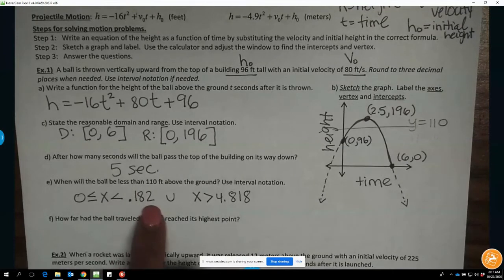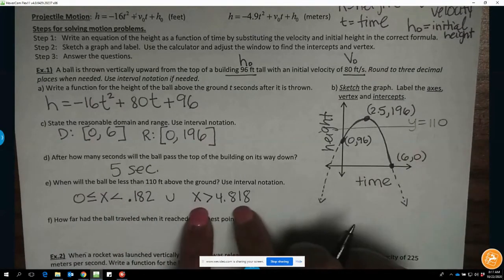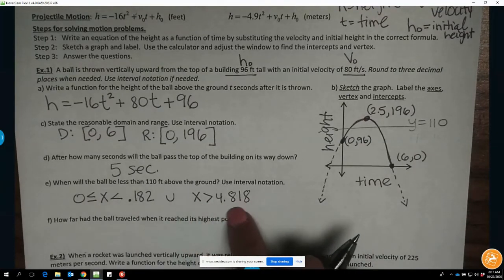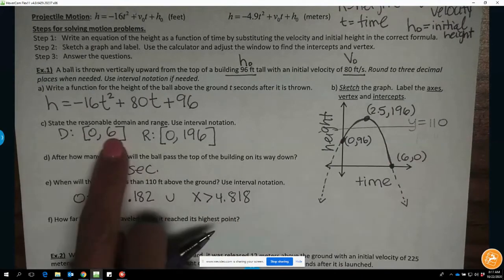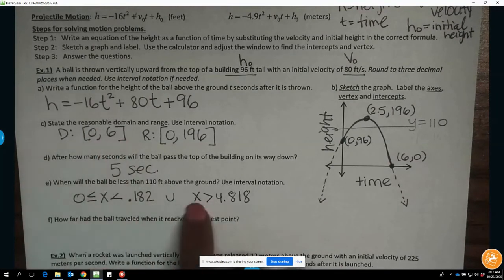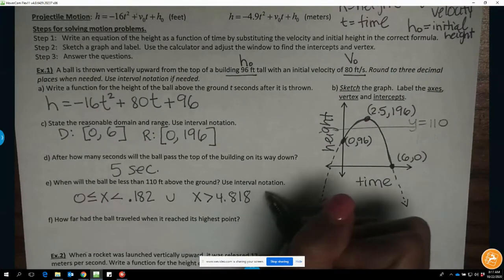Same thing over here, x can't be forever greater than 4.8 because it can't go all the way to positive infinity. It needs to stop at the reasonable domain of 6. So it needs to be greater than 4.8 but less than 6, but we're going to fix that.